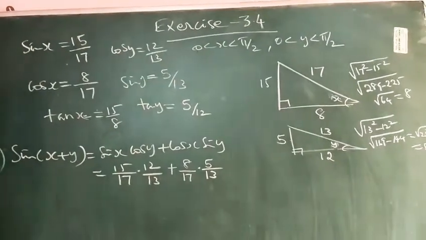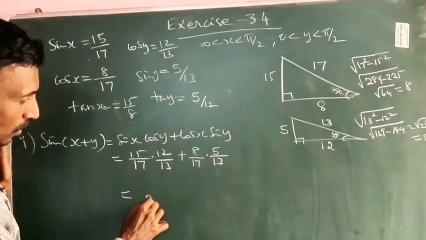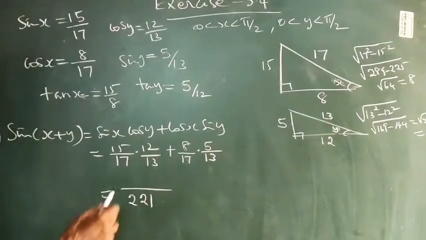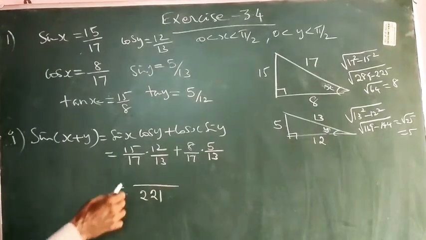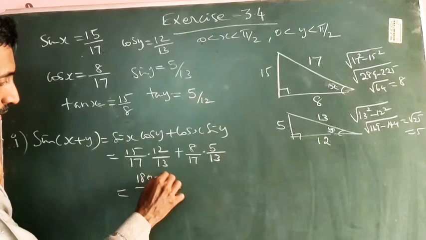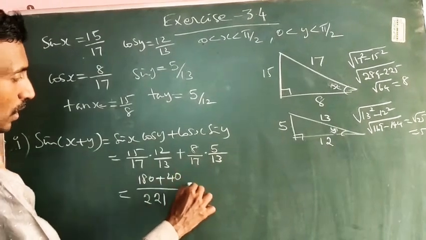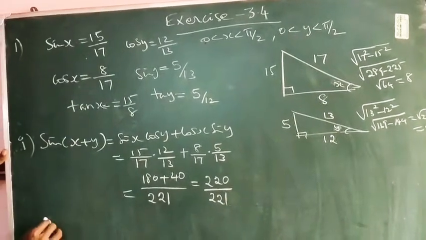Now we have to find 17 into 13. I think it is 221. So what about 15 into 12? 15 into 12 means 180, plus 5 8s are 40. So 220 by 221. It is the answer for the first subdivision.